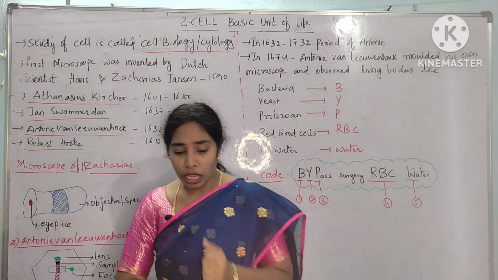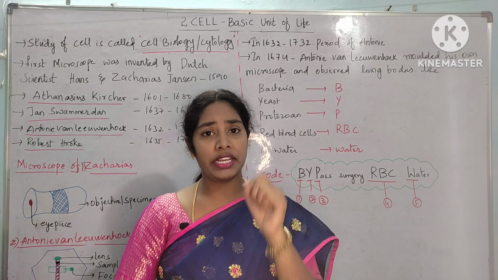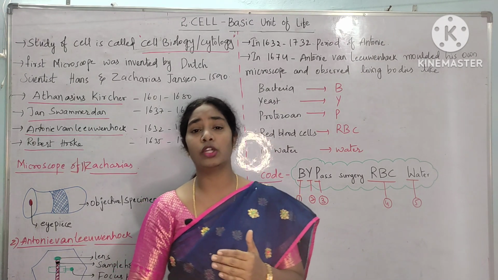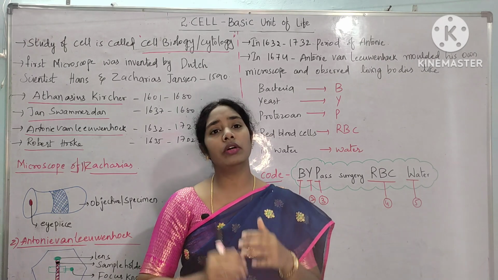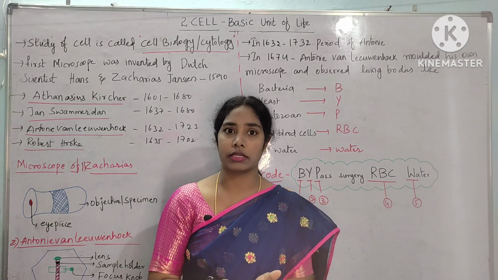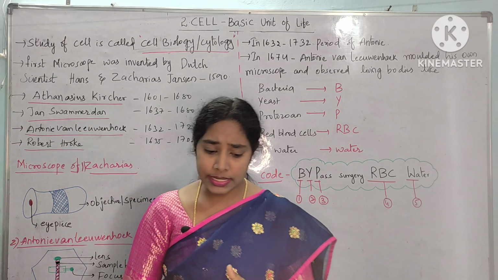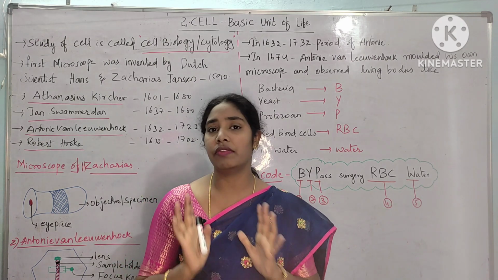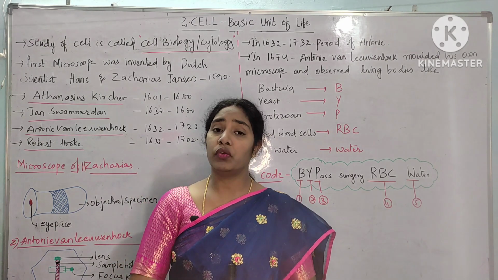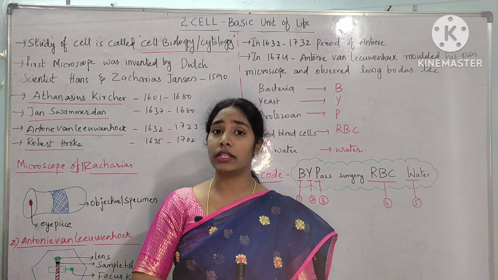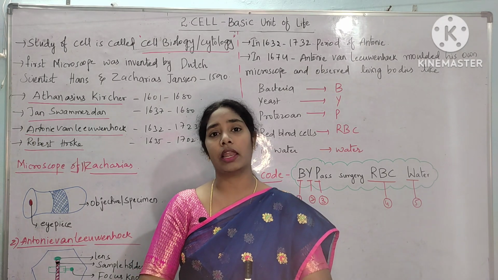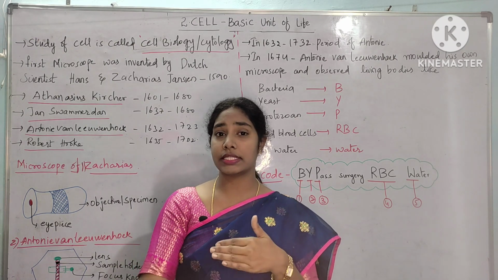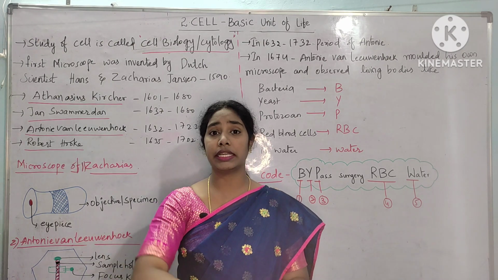Next, to observe a cell, as I said, we cannot see a cell with the naked eye, so we need an instrument to see the structure of an organism. Plants and animals we can see. Even a rat we can see with the naked eye, but can we see the cells inside the rat?